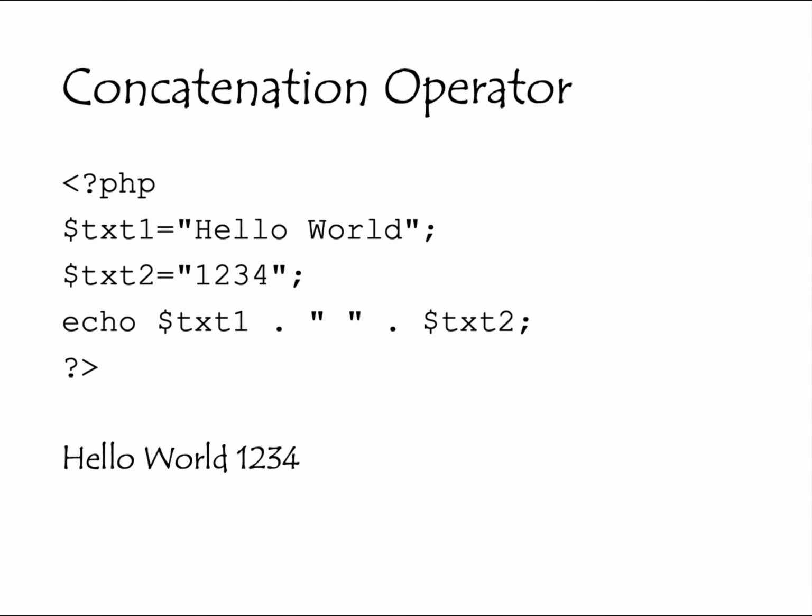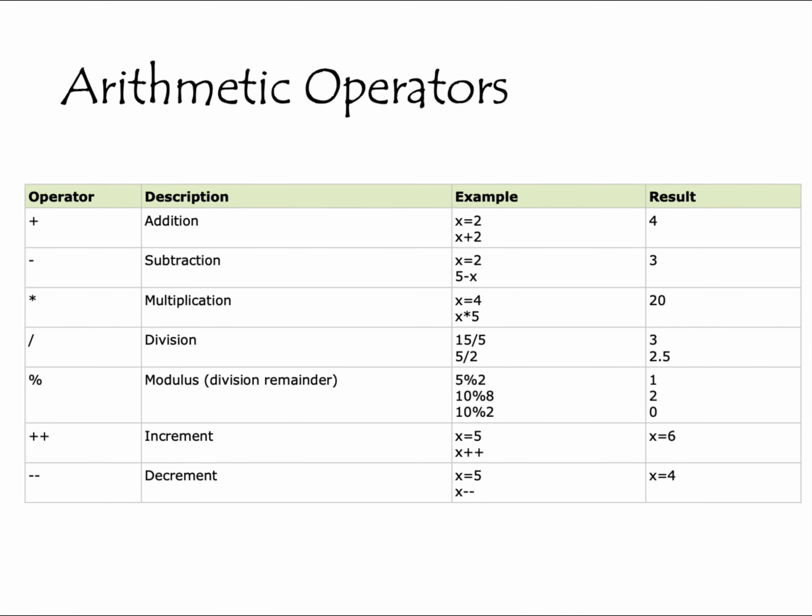In addition to this concatenation operator, in your PHP code, you can use arithmetic operators, such as plus, minus, multiplication, division, modulus, increment, decrement. If you are not familiar with these operators, increment means you increase the number by 1.